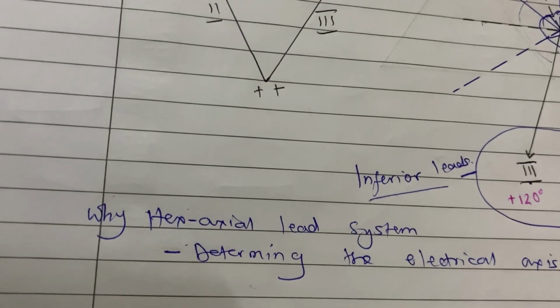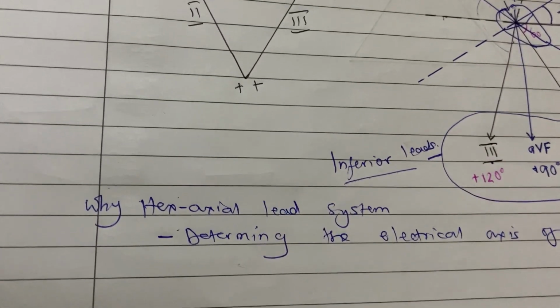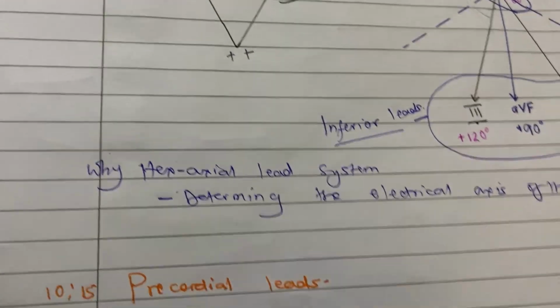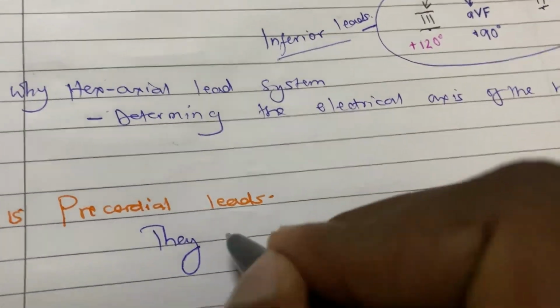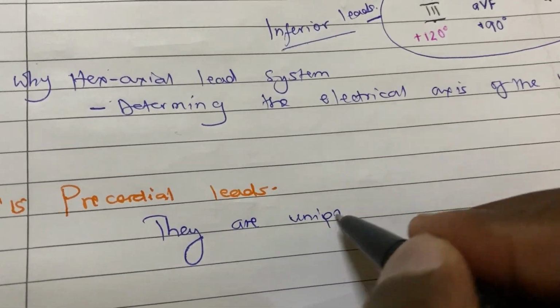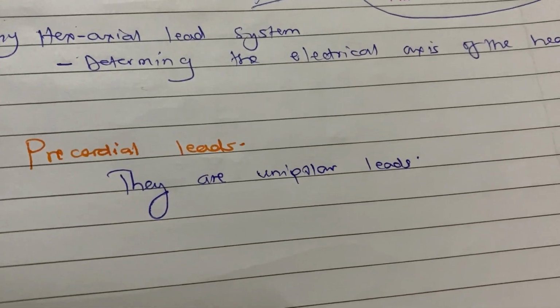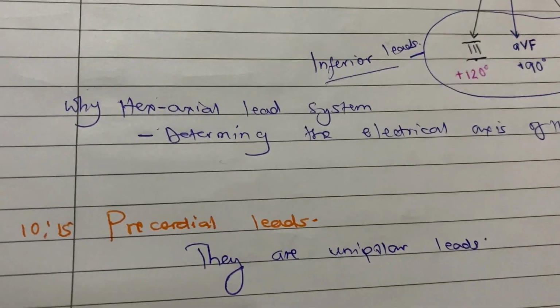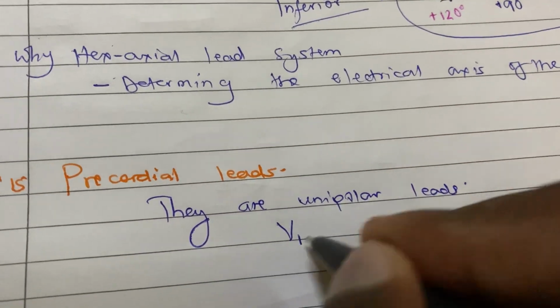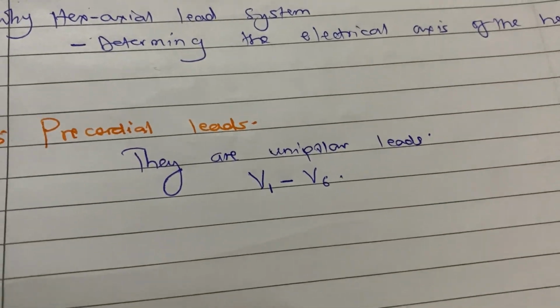We also said they are unipolar leads. They are named from V1 to V6. They are 6.